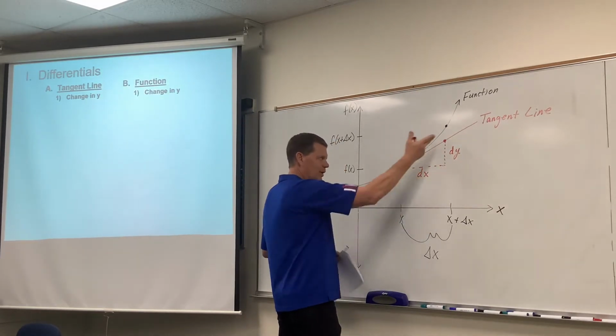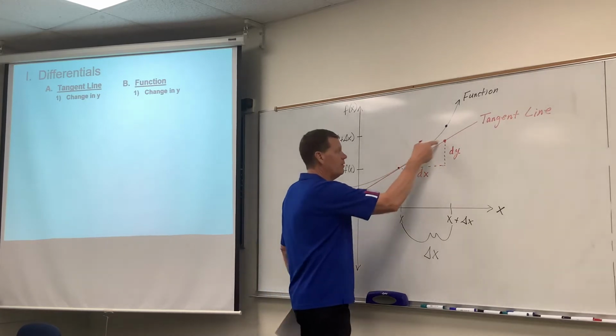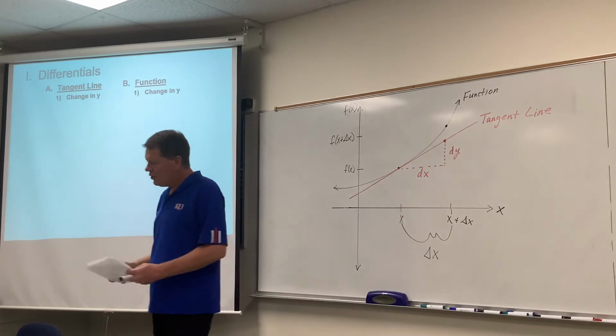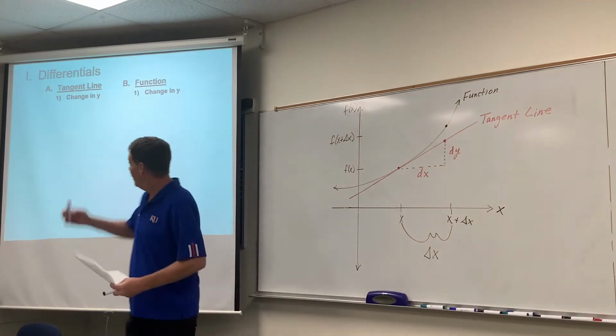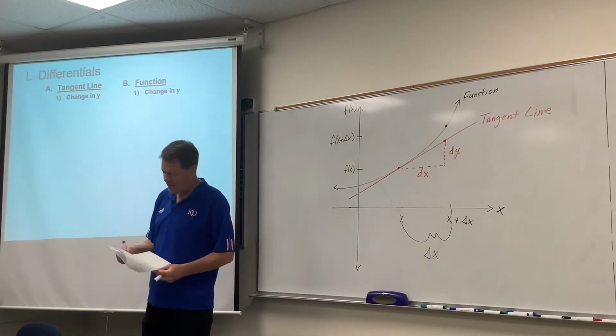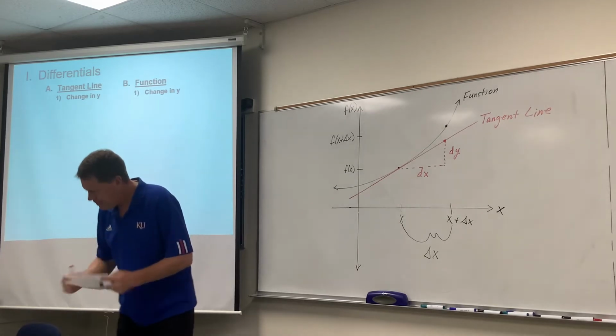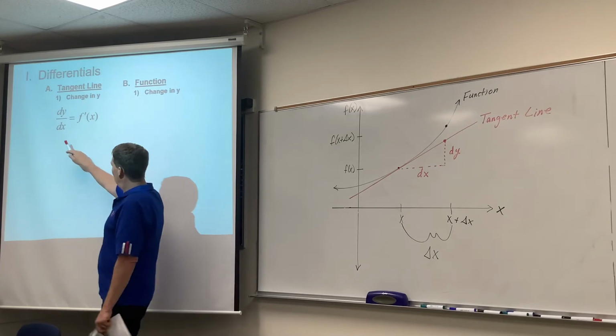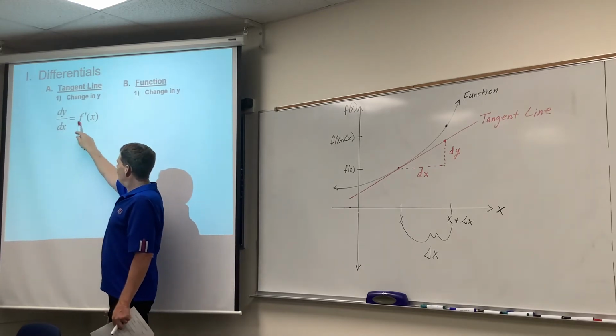You might remember when we talked about tangent lines, the slope of a tangent line is called symbolically dy over dx, isn't it? So the slope of that, the change in y on that tangent line would be, if we took the derivative, which is called dy dx, also known as f prime of x, all right?